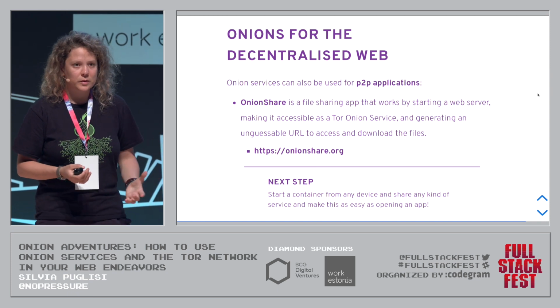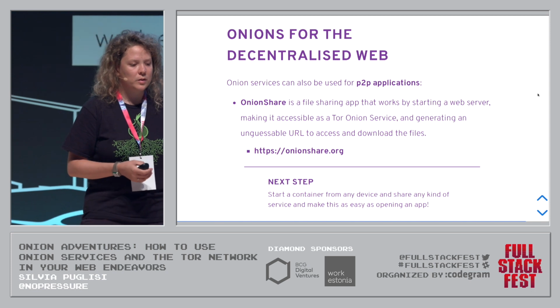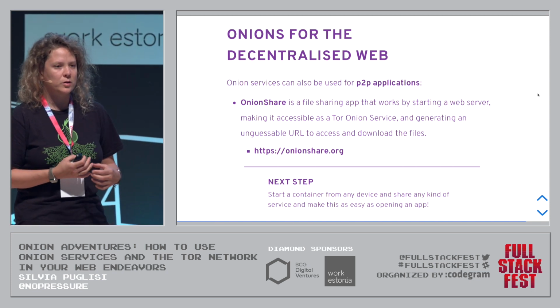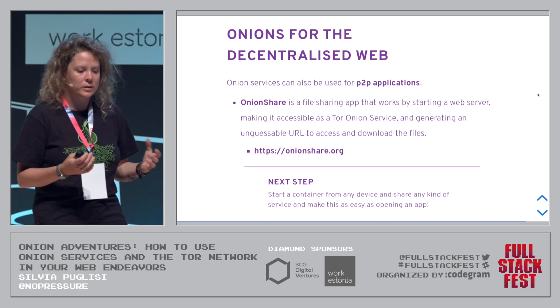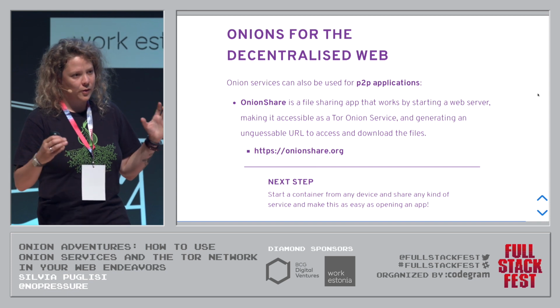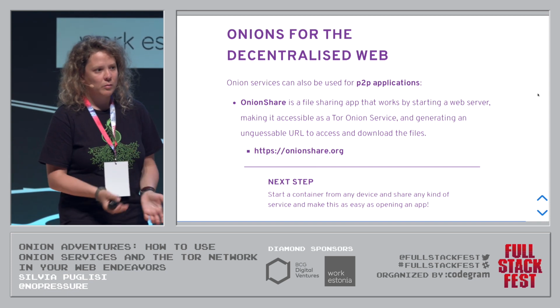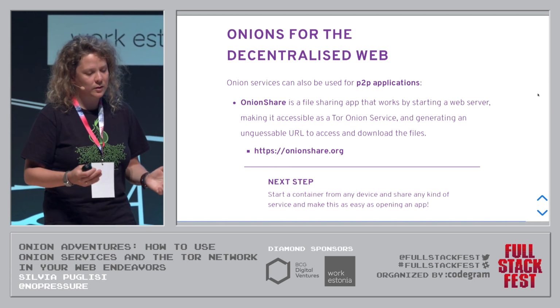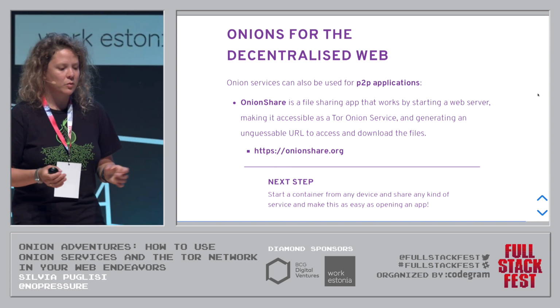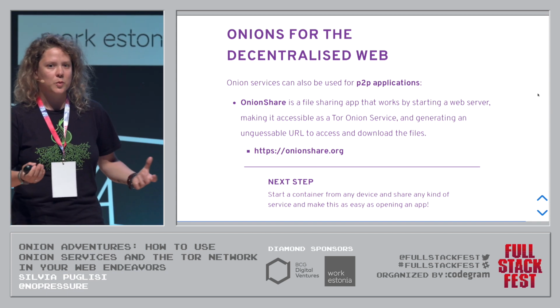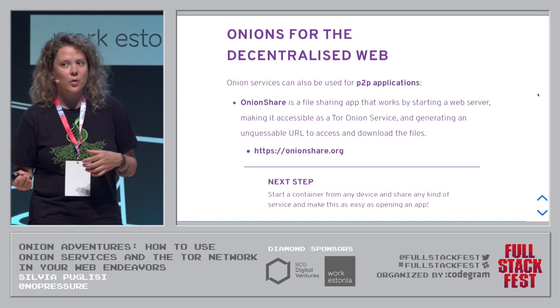I use Onion services. But also there is this small app called OnionShare, and it's used to share web files. When you use it, you select a folder. The folder is zipped. The app starts an Onion service, and it also starts a Flask web server, and provides you with an Onion address that you can share with people as long as the app is running on your computer. So people download the files.